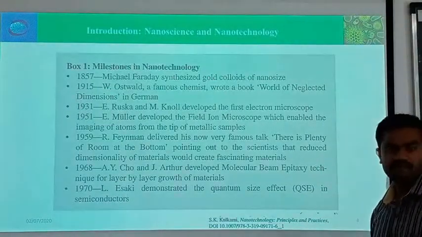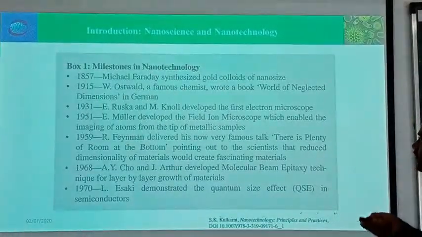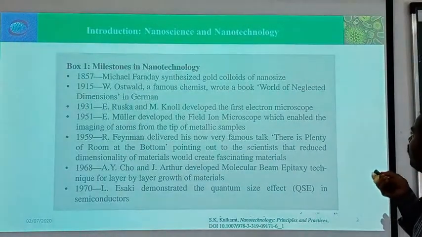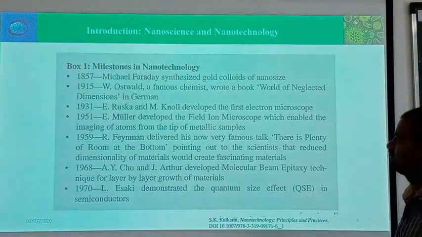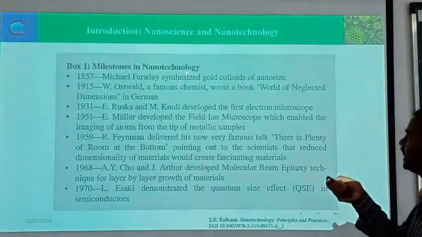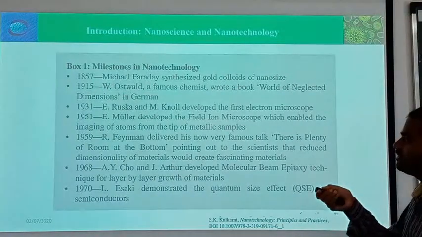Then in 1950, Oswald, a famous chemist, wrote a book, World of Neglected Dimension, in German. So he mentioned some concepts regarding those dimensions.